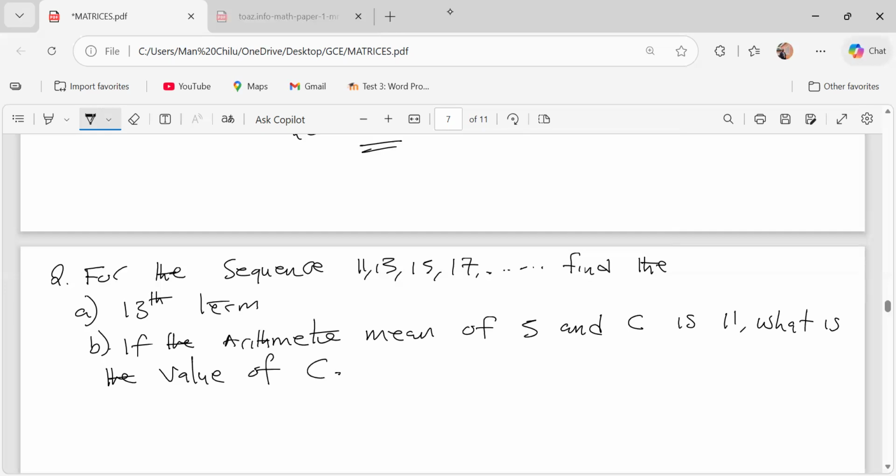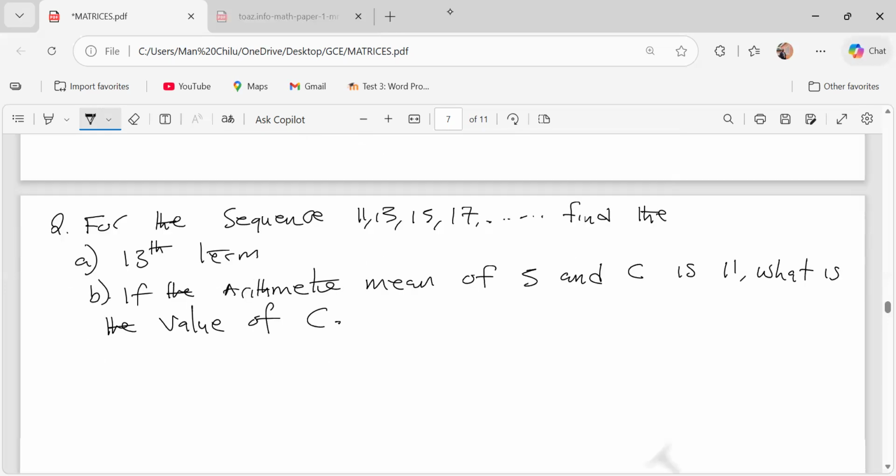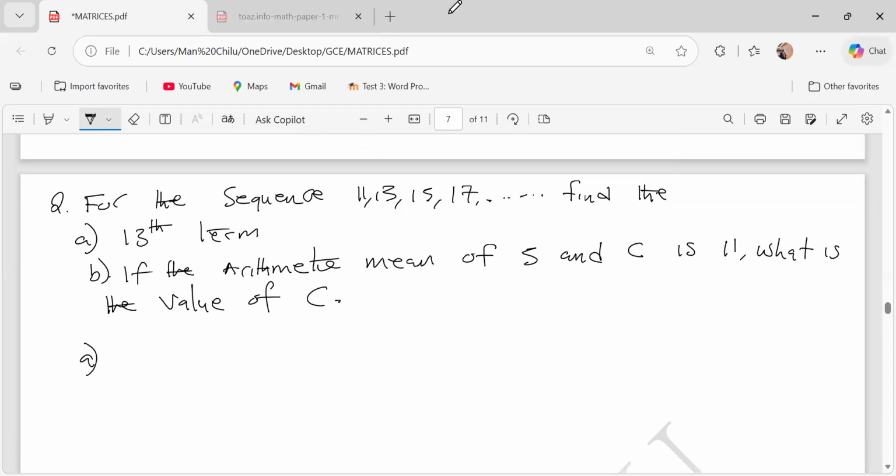So the first question says to determine the 13th term. We should find the 13th term. So before we find the 13th term, we have to find the common difference.